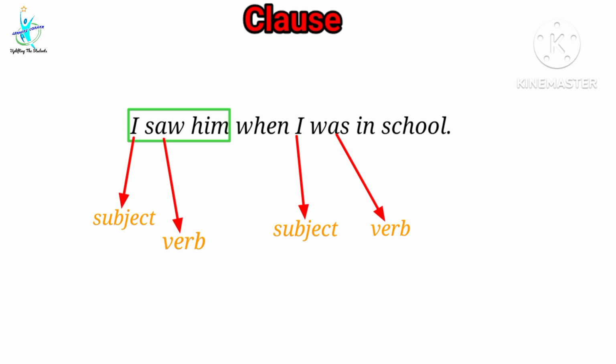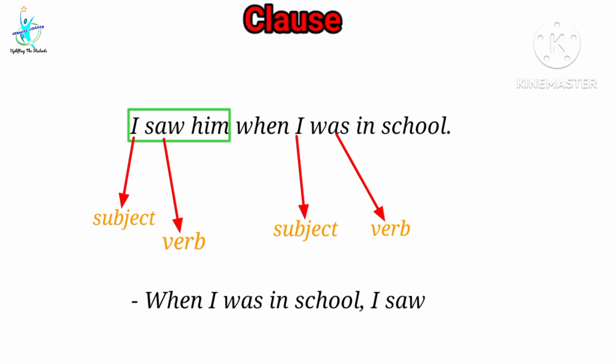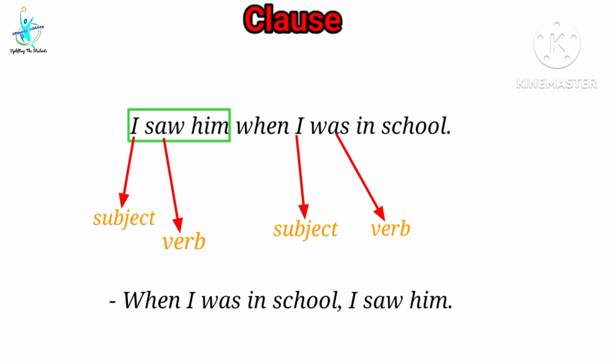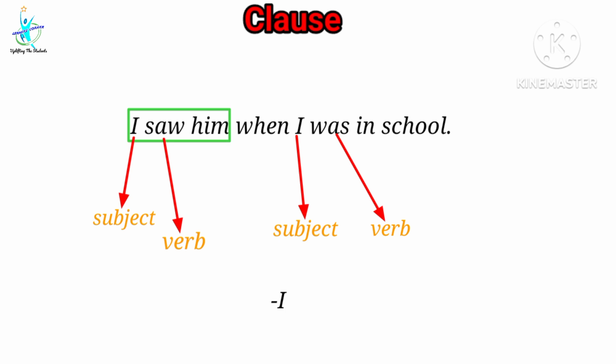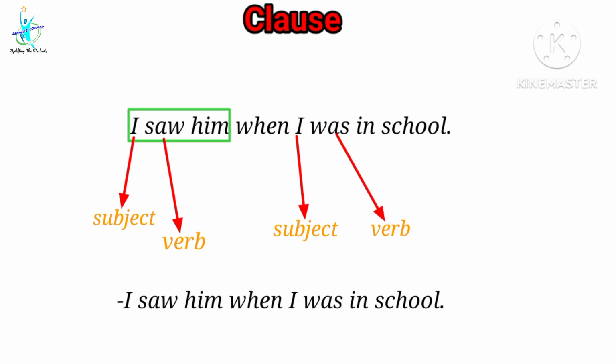When I was in school, what happened? People may ask you. But if I say I saw him, you can even switch it. You can say, when I was in school, I saw him. So here you put a comma after when I was in school, then I saw him, then a full stop. But if you start with the independent clause, I saw him when I was in school, there is no need for a comma, and you put a full stop at the end.